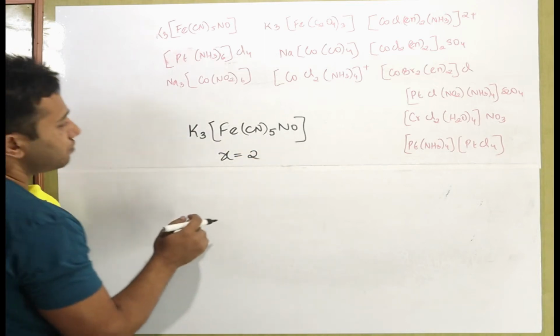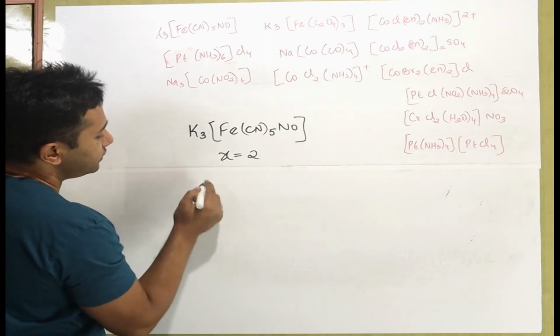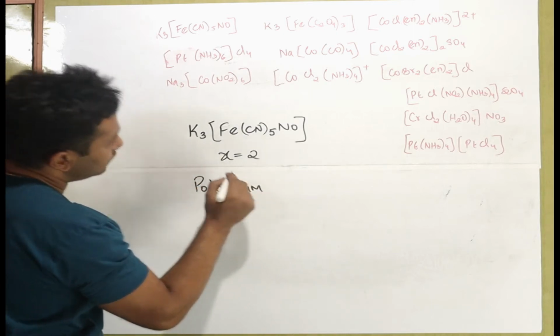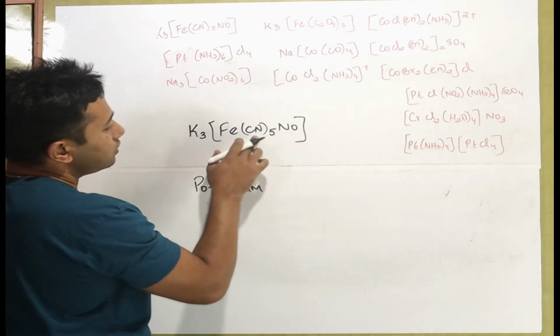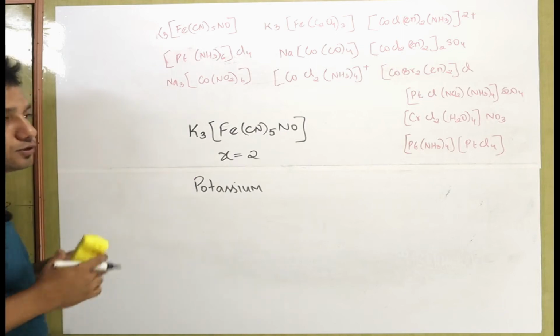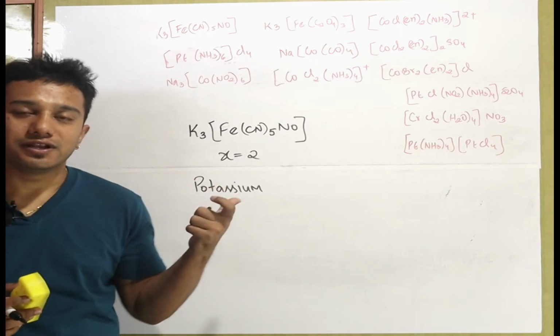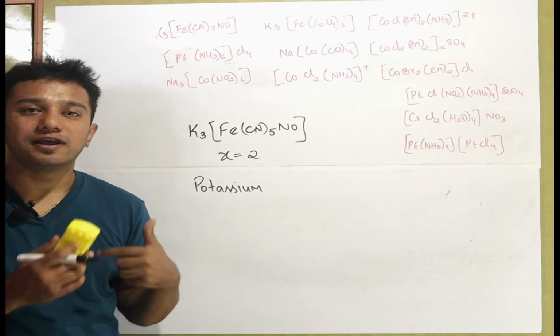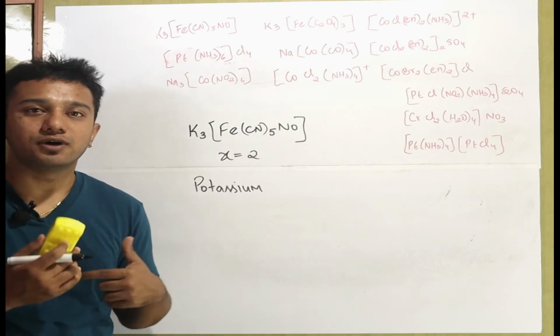So the name of this compound shall be, K3, we have potassium. Now we have 2 ligands here. If there are 2 or 3 ligands, you write their names according to alphabetical order.